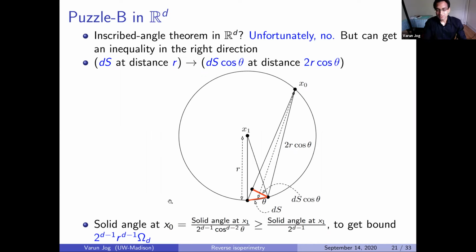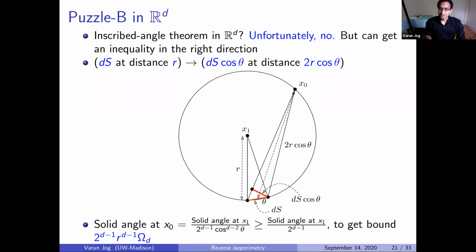It just so happens that in dimension 2, the d minus 2 goes away and you get exact equality, independent of theta. But in higher dimensions, that theta does play a role. But of course, cos theta is at most 1. So you still can get an inequality, which is that the solid angle at x0 is larger than the solid angle at x1 over 2 to the d minus 1. And this inequality goes in exactly the correct direction that we want.